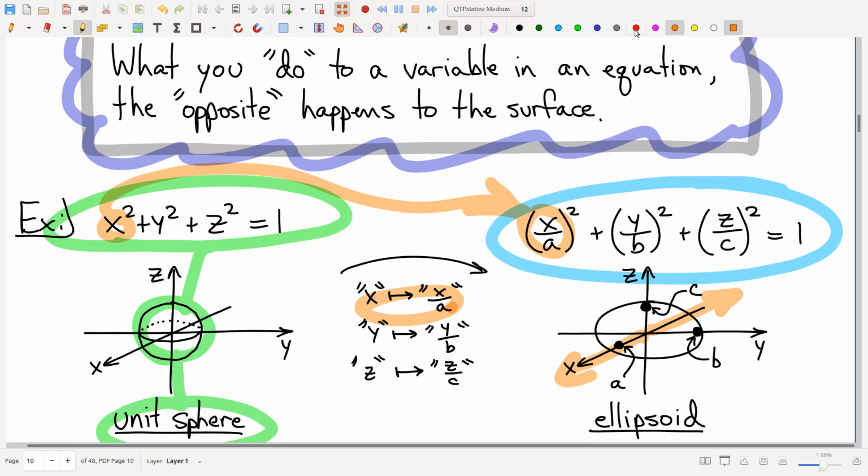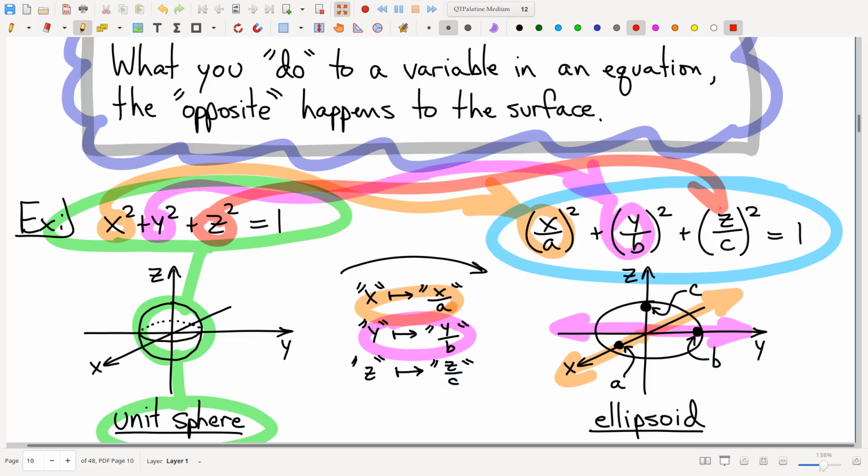And easy to notice that my y gets replaced with y over b, which is going to stretch in the y direction by a factor of b, and likewise, oh gosh, I'm running out of colors. I guess I'll use red. Z gets replaced with z over c, which is going to stretch by a factor of c in the z direction.